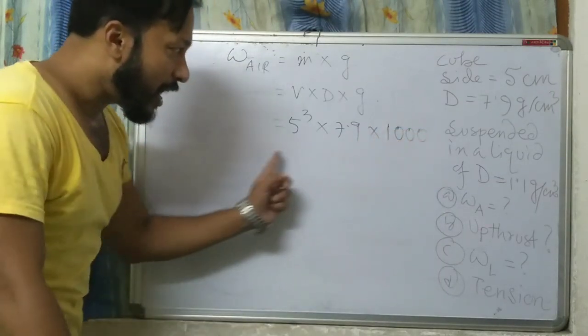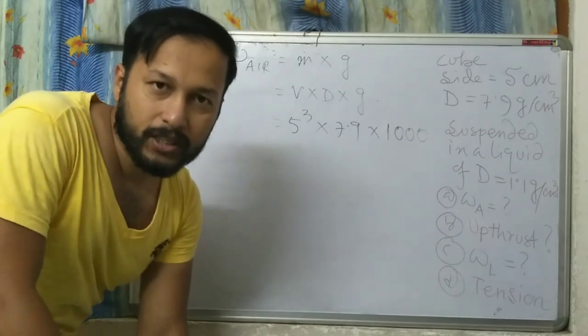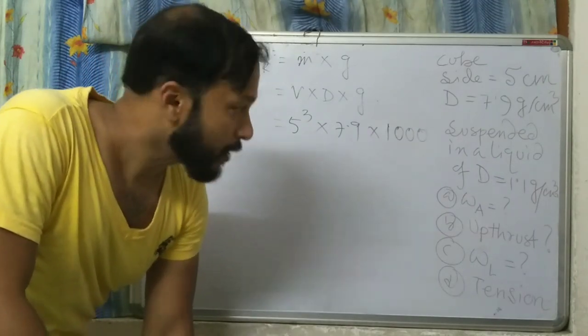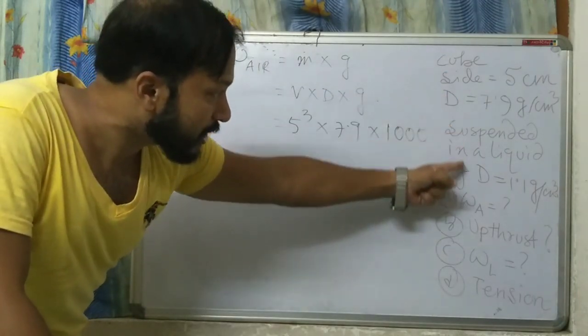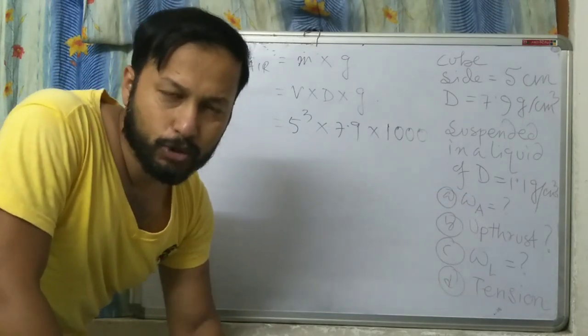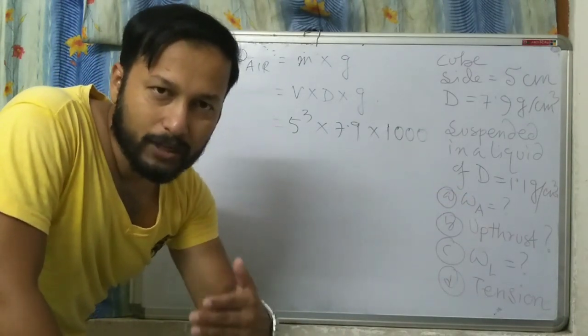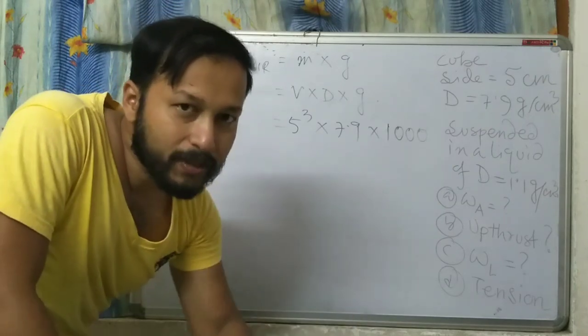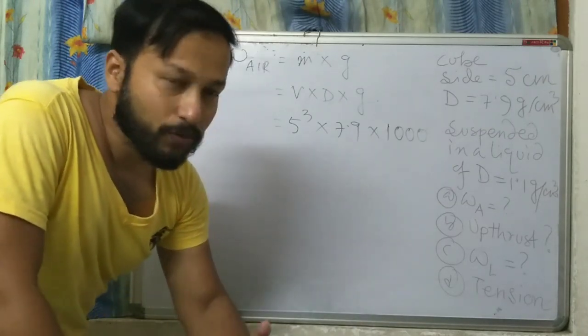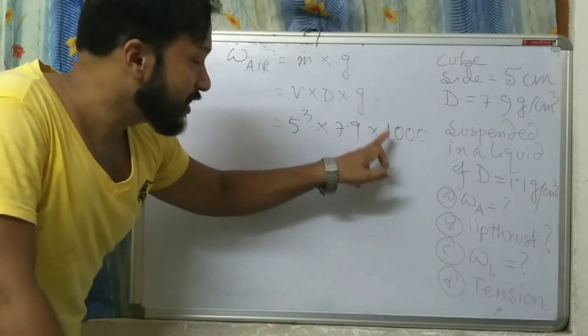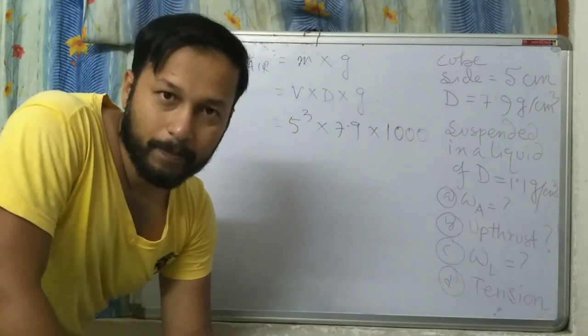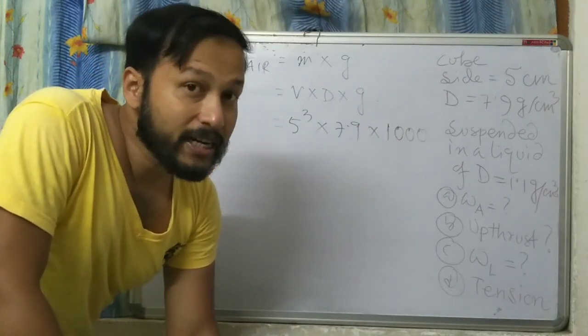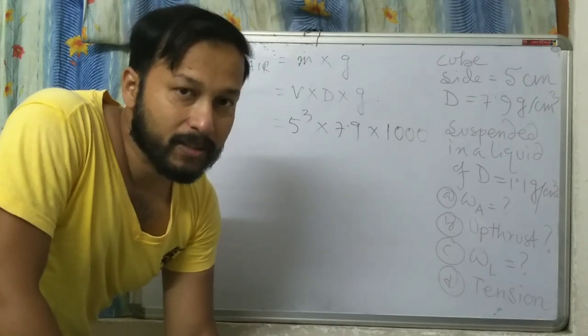Gravity is 1000. Here I am using all the values in CGS system, because all the values which are given here are in CGS system. So why change it? We are using all the units in CGS. That's why the value of gravity in CGS system is 1000, which is 10 in SI system. Understood?